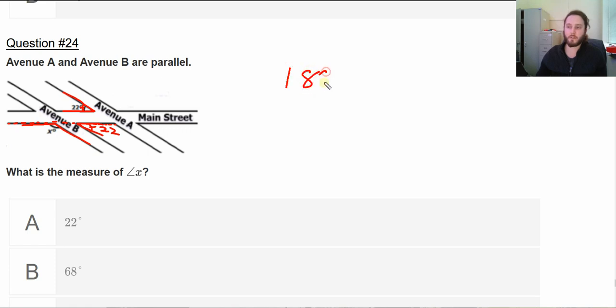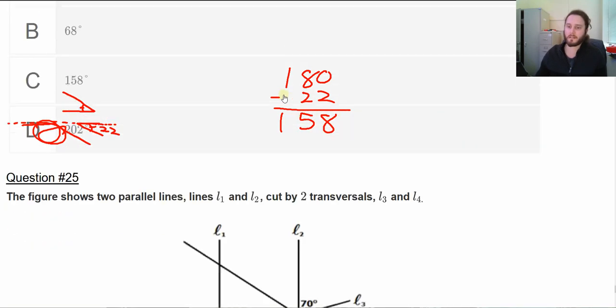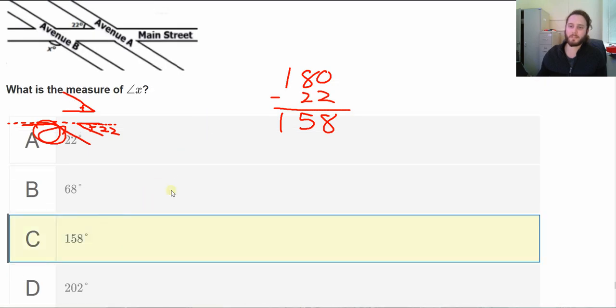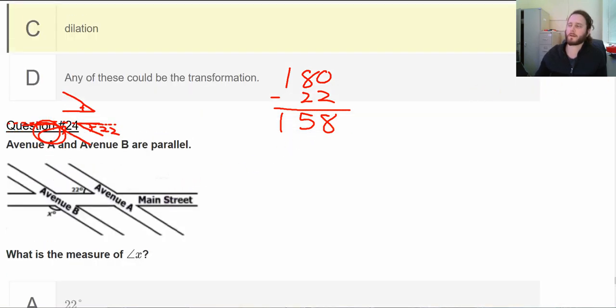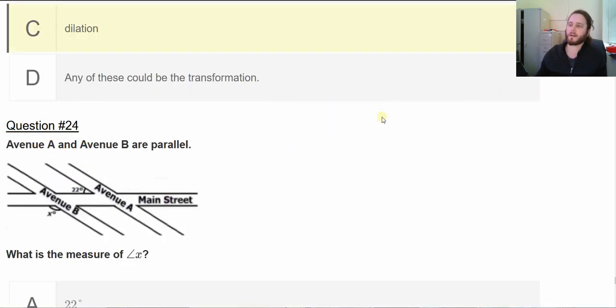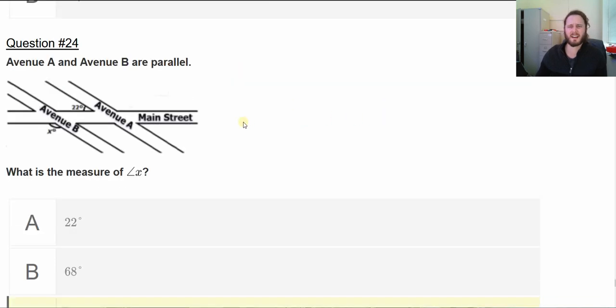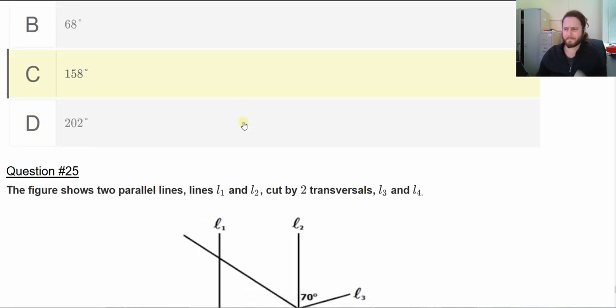So I can really just do 180 minus 22, and that's going to give me the value of x, which is 158 for this one. All right, so 158 for number 24. I forgot to tell you to pause and do that on your own. I'm sorry. I forgot again.